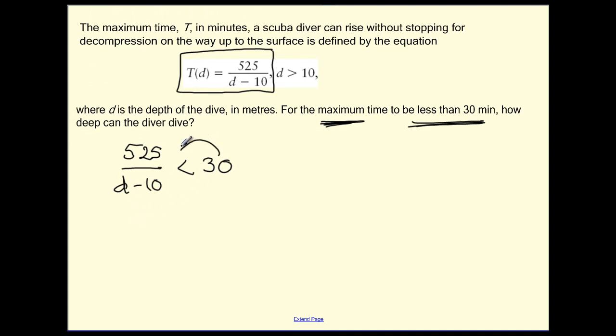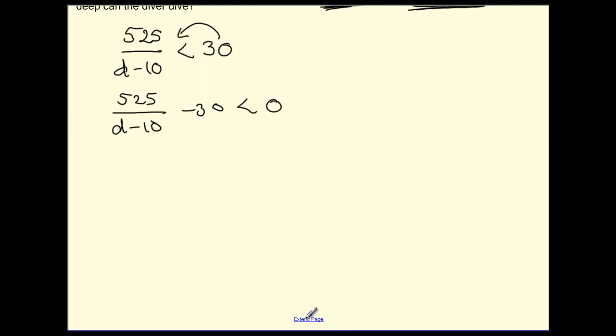I'm going to bring the 30 to the other side so that I'm having 0 on the right hand side. And now I'm going to solve. And again, you can use a graphing method or the interval method, but the first thing we need to do is find a common denominator and then solve.